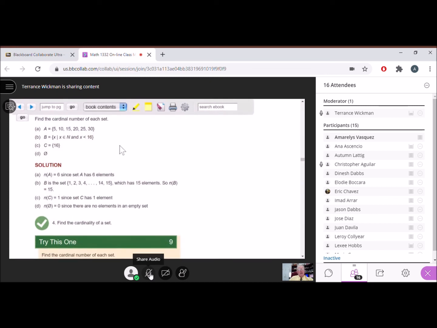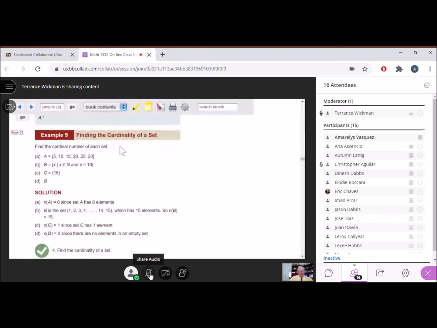Now, here is a question that students sometimes ask. What if the number is repeated? Well, it technically cannot repeat the number. So, for example, in A, find the cardinality of A. If I put 5 in here twice, the cardinality is still just 6.